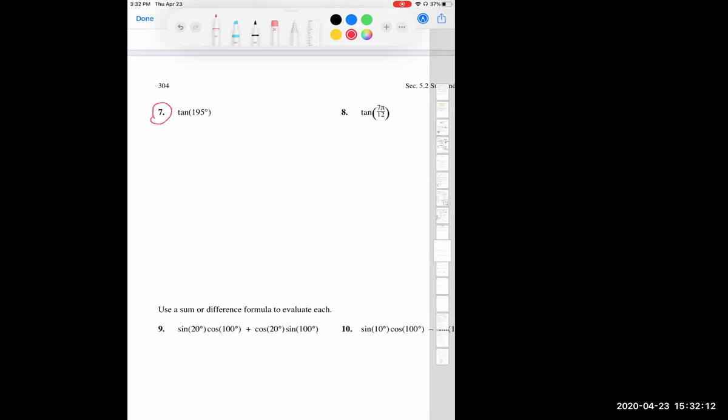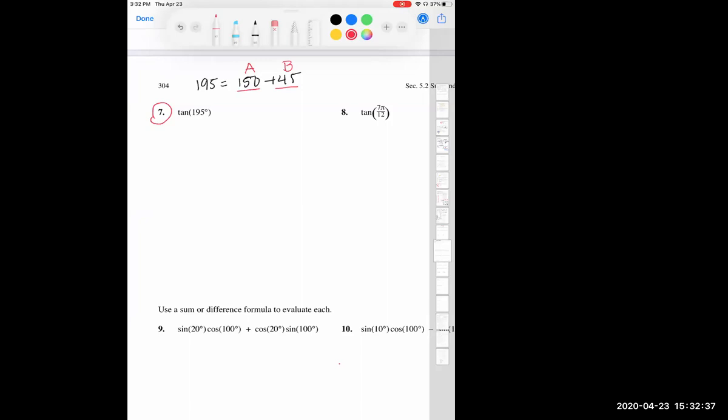Yeah. Okay, so we get 195, so it's 150 plus 45. And you can pick any two numbers that you want. So my A will be 150 and my B will be 45.